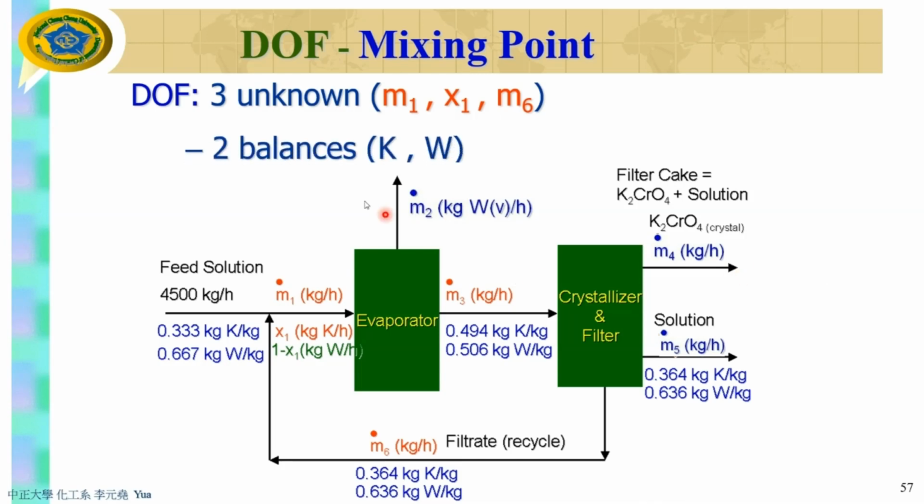And then you have 2 equations, 2 species, potassium chromate and water. Do we have a specification? No. The only specification we have, we used up already, which is here. So you don't have a specification, you don't have physical laws, you don't have physical constraints. So unfortunately, you cannot use the mass balance of this mixing point to get these 3 unknowns. No, you cannot.